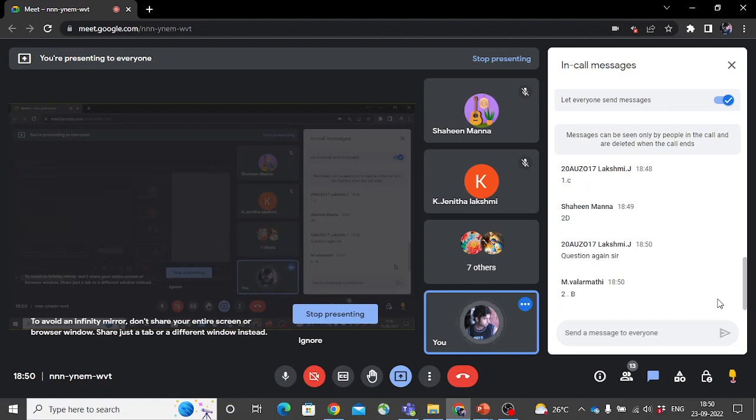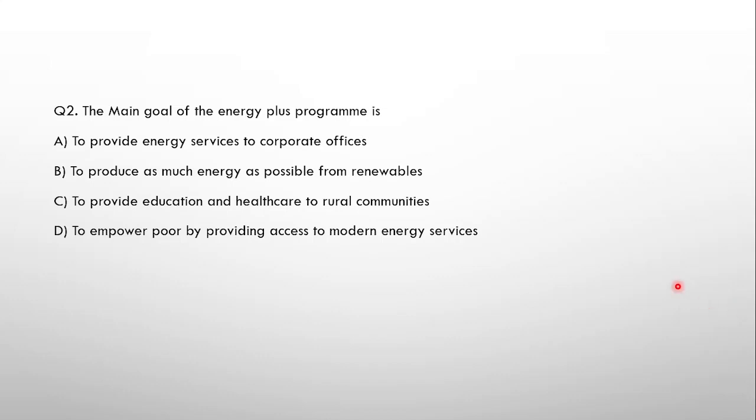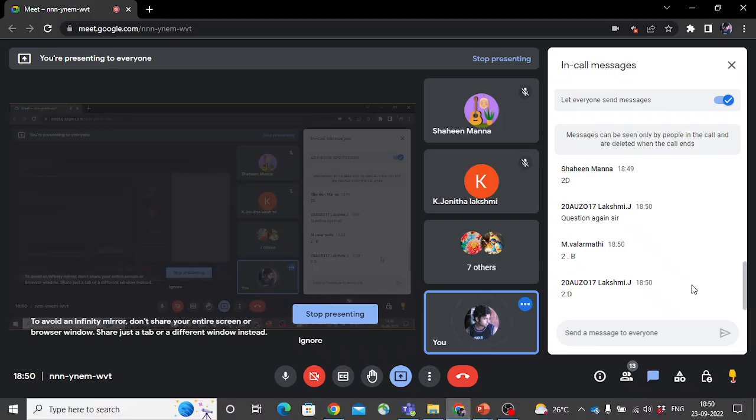Are you sure? See, Energy Plus is basically saying that you have three levels of energy use, which you have seen in the previous question. You have basic, then social, and productive.